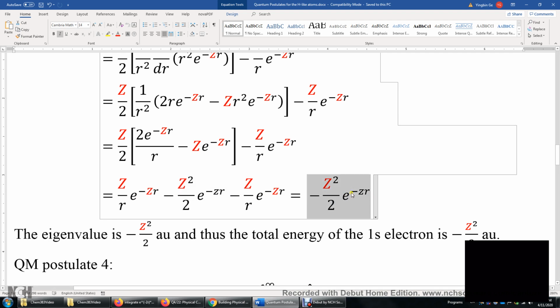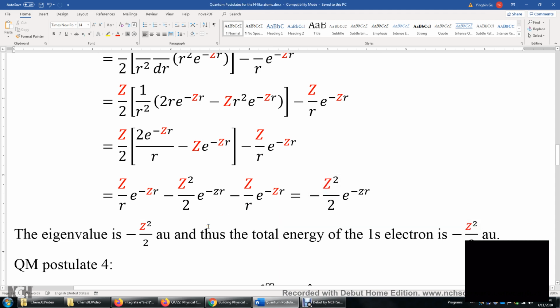It's negative z squared over 2 times the original wave function of the 1s orbital in the hydrogen-like atom or ion. The eigenvalue is this negative z squared over 2, and therefore the total energy of this 1s electron, or you can say the atomic orbital energy, is negative z squared over 2 atomic units. So that's from postulate 3.